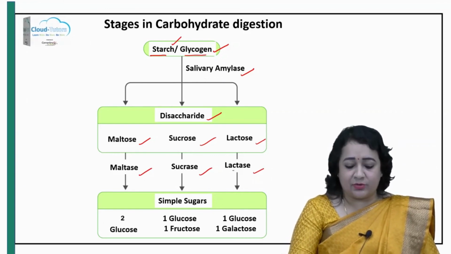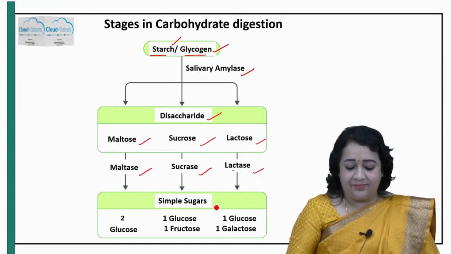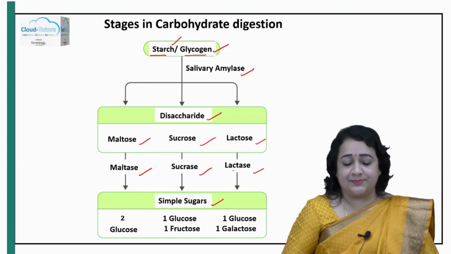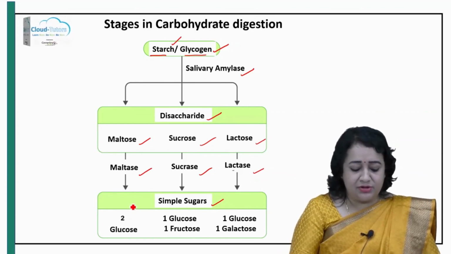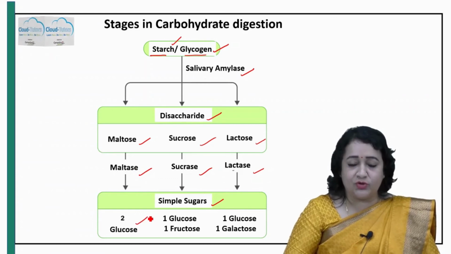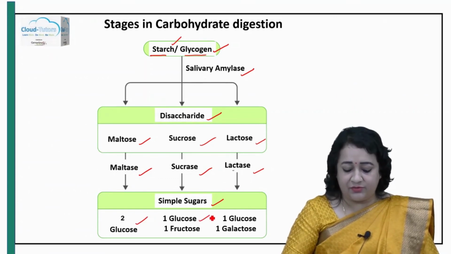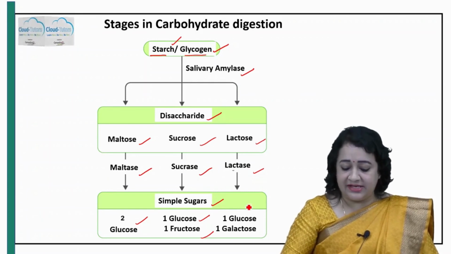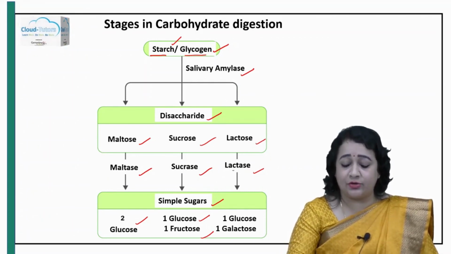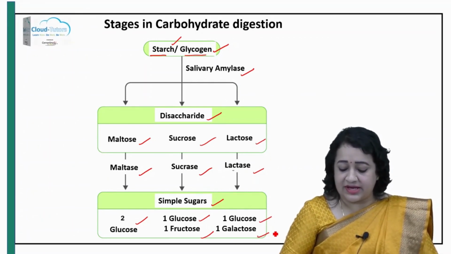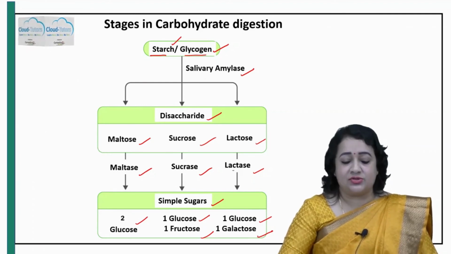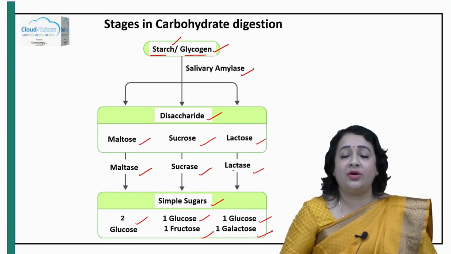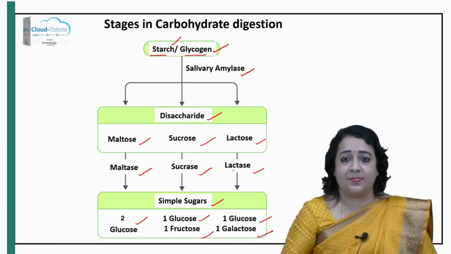These enzymes convert the disaccharides into simple sugars. From maltase we get 2 glucose molecules, from sucrase we get 1 glucose and 1 fructose, and when lactase acts on lactose, we get 1 glucose and 1 galactose. This is how carbohydrate digestion happens.